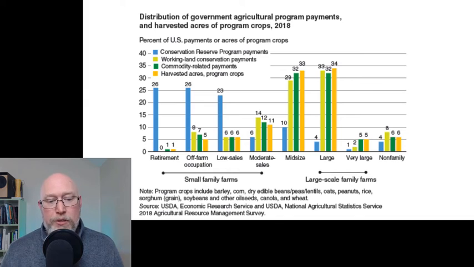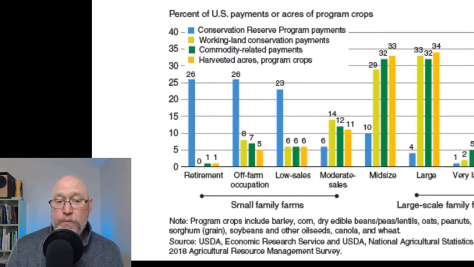And what I want to point out to you is the retirement farms. 26% of the Conservation Reserve Program payments that the federal government doles out goes to people who are retired from a job and have a retirement income and also are farming. 26% of that money also goes into the off-farm occupation farms.